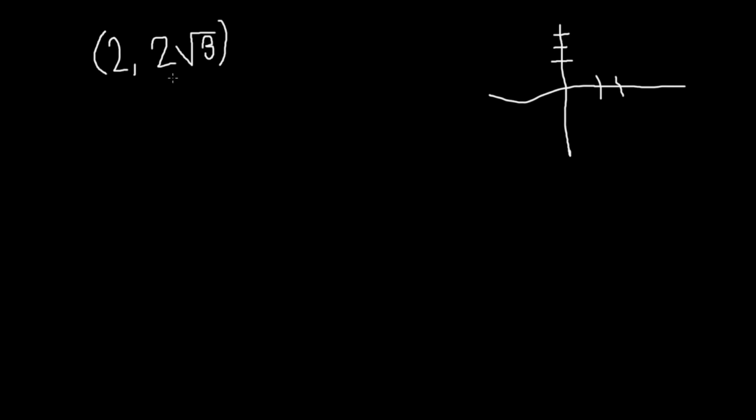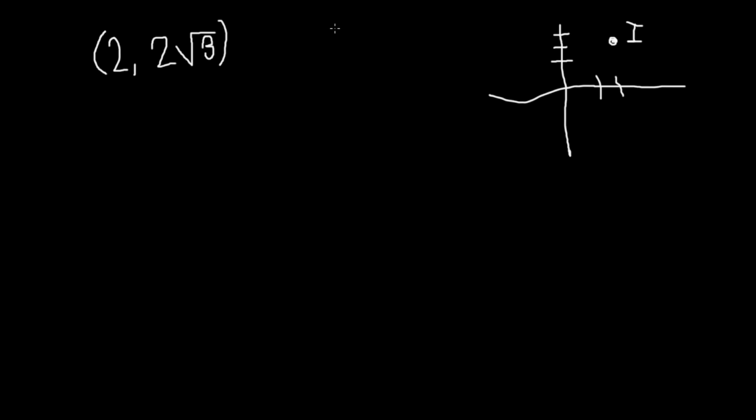So both of these numbers are positive. So we know this is in the first quadrant. And the point is somewhere right here. This is just for us to visualize so that we can figure out where theta is. Like what is our theta?